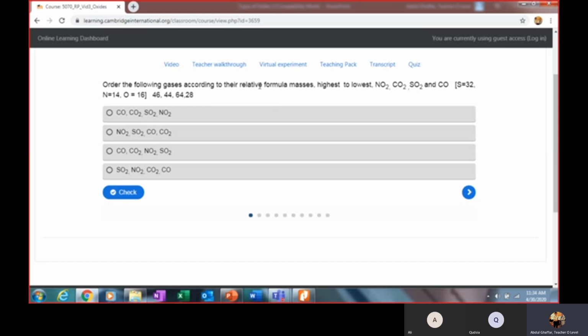So we have to order them from highest to lowest. What will be the order? The last one, C. No, no. Okay, last one. Highest to lowest. Okay, D.